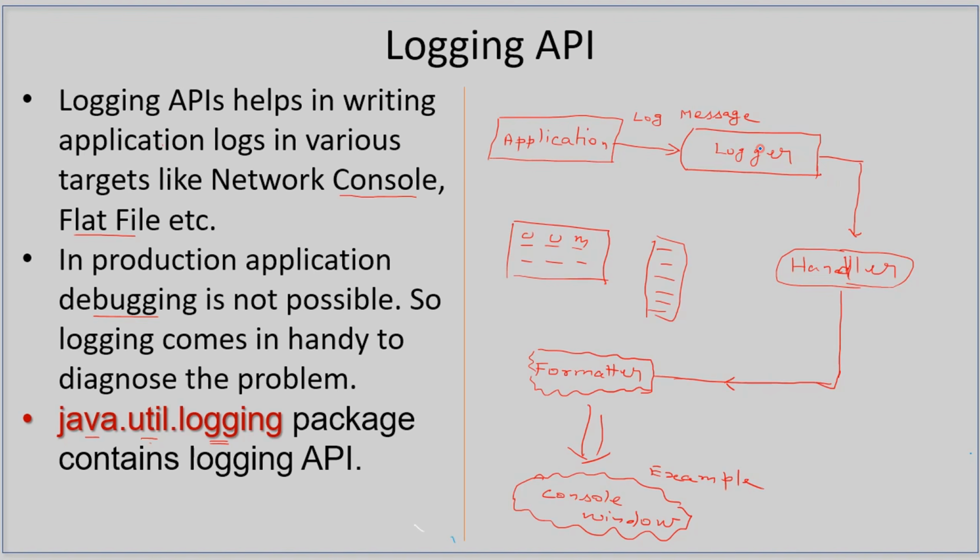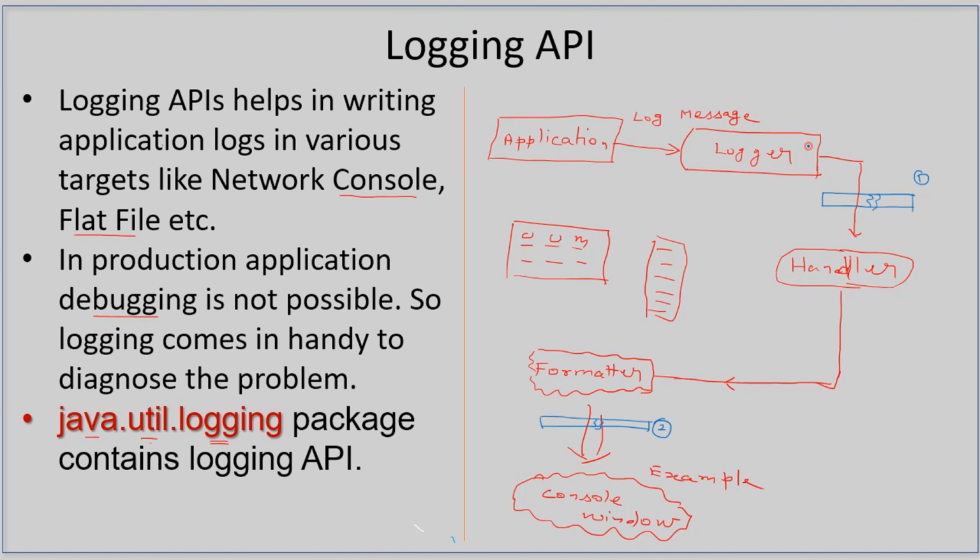From the logger, the message is reaching the handler, right? Here we can apply a filter, and before it reaches the console, there also we can apply a filter. So we can say this is a level 1 filter and a level 2 filter.